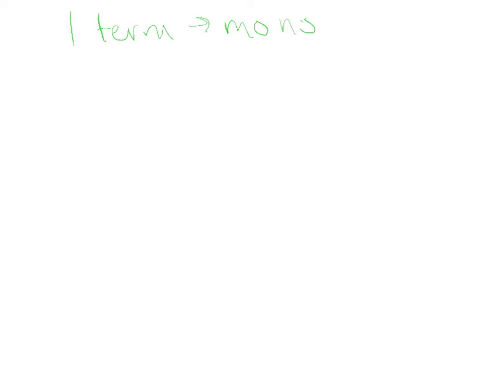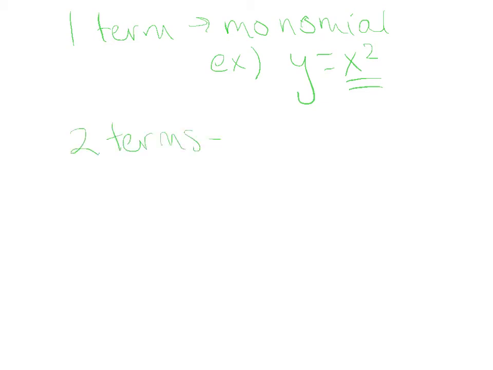So there's my N. Monomial. Sorry, guys. So that's the first name. And an example of that could be just something as simple as y equals x squared. It has one term, so it's a monomial. If you have two terms, well, this should start to make sense, and I think I've used this before.